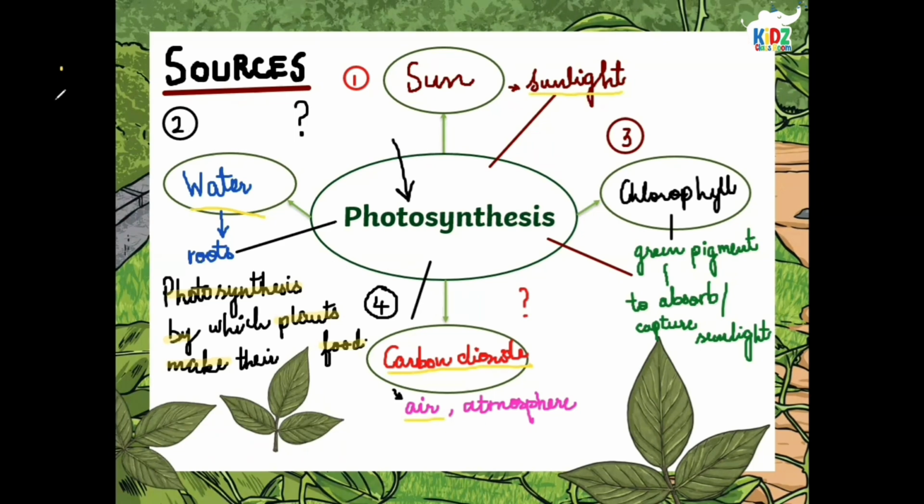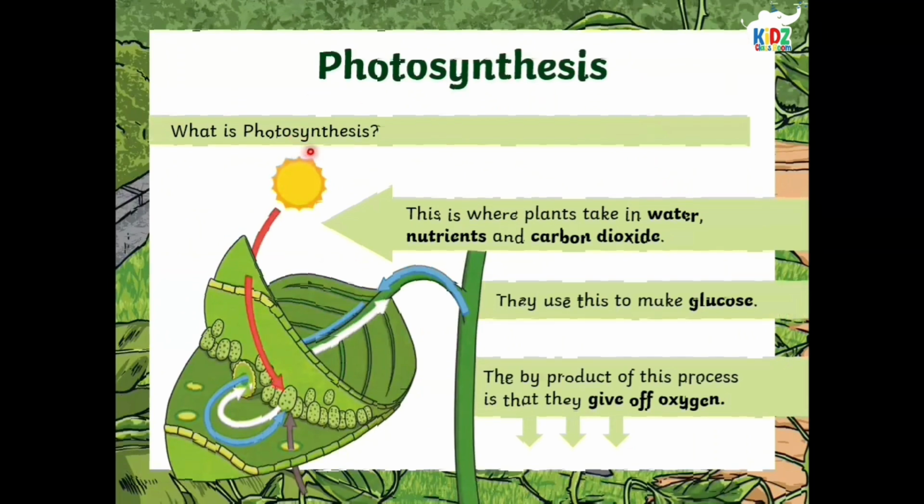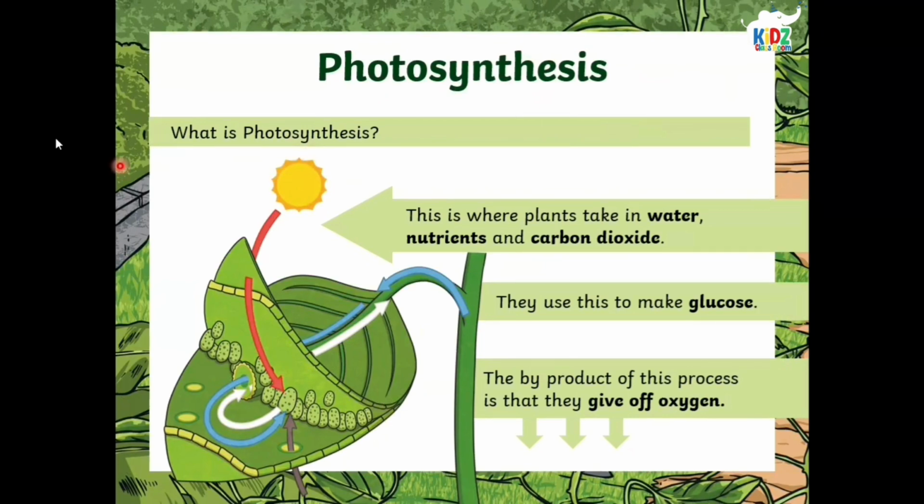So let's discuss the process of photosynthesis. Let's just summarize it. This is where plants take in water, nutrients, and carbon dioxide. They use this to make glucose, and the byproduct of this process is that they release oxygen.